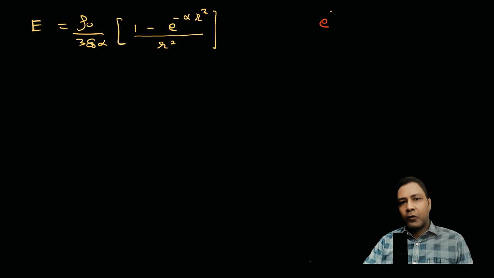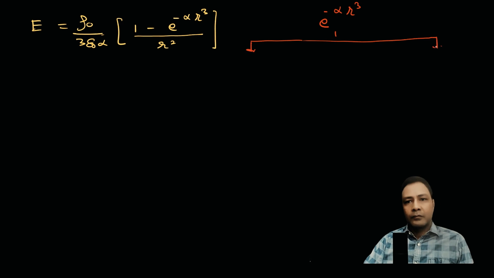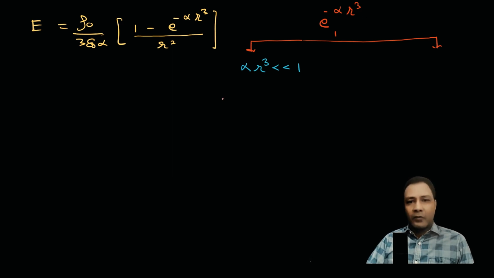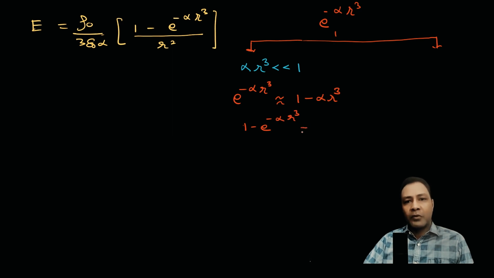In fact, I'll write for the e power minus alpha r cube for 2 cases. When alpha r cube is much smaller than 1, I'll use the expansion of e power x, 1 plus x. So e power minus alpha r cube, because this is very small, can be approximated to 1 minus alpha r cube. So 1 minus e power minus alpha r cube can be approximated to alpha r cube.